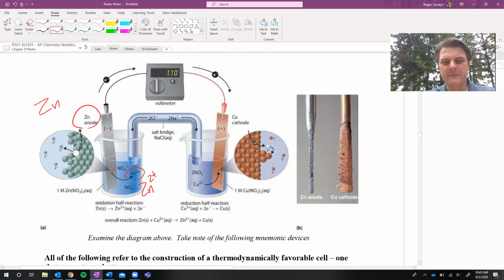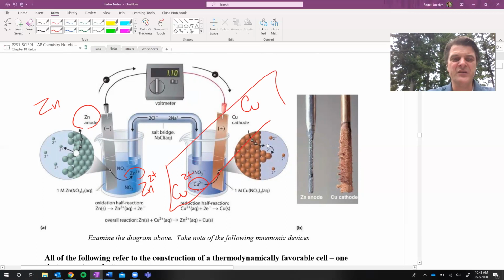On the other side, we have the copper electrode, Cu, in a solution of Cu2+ ions. So one half reaction is between the copper and the Cu2+, and the other half is the zinc and the Zn2+.